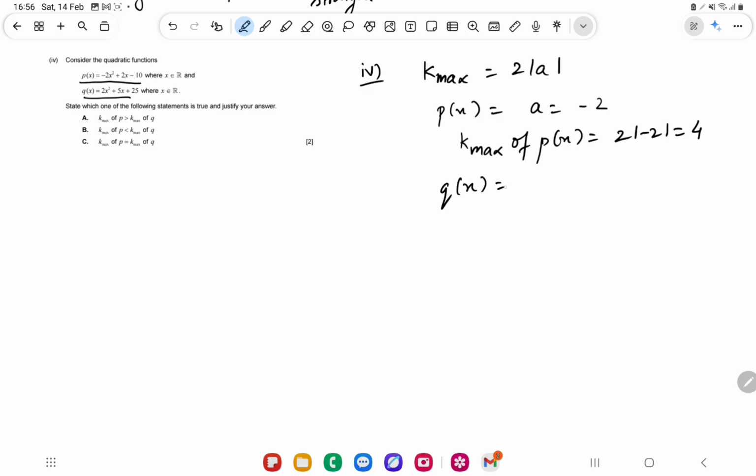For q(x), a is 2, because it is again the coefficient of x square, so k max of q(x) will be 2 modulus 2, which is 4. So k max for p is equal to k max for q, and my answer is option C.